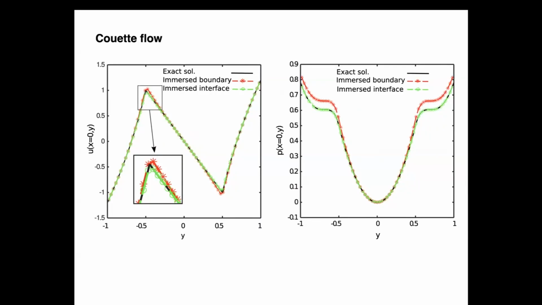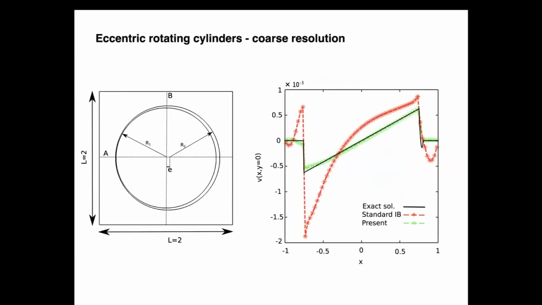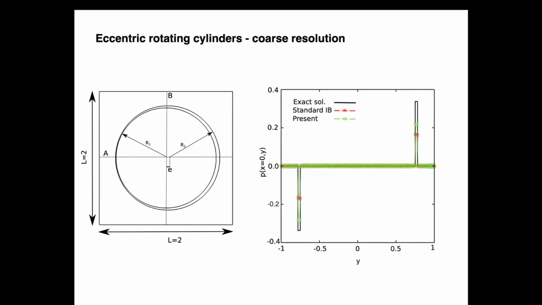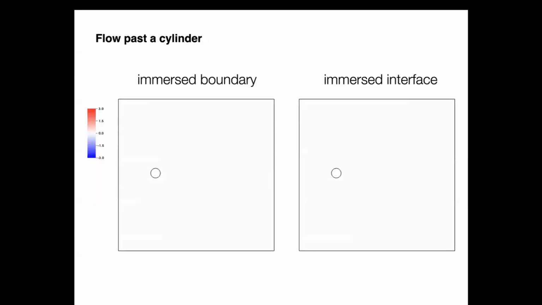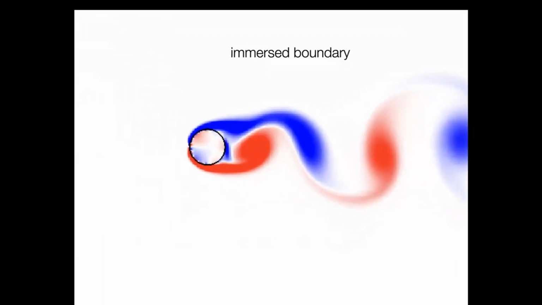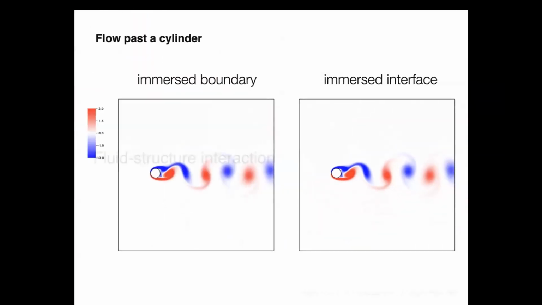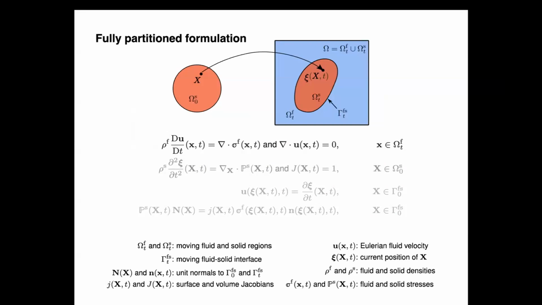You can use these to do prescribed motion. This is a problem that I think Thomas already left, but this is a problem we got from Fay and Rycroft, where you get nice, good results. But what I really want to get to is that you can use this to do fluid structure interaction.